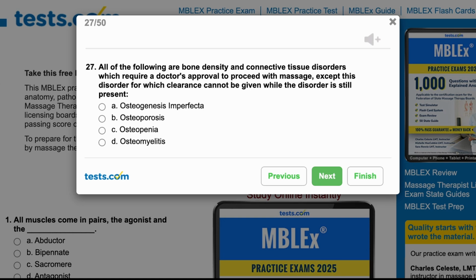Question 27. All of the following are bone density and connective tissue disorders which require a doctor's approval to proceed with massage, except this disorder, for which clearance cannot be given while the disorder is still present. A, osteogenesis imperfecta, B, osteoporosis, C, osteopenia, D, osteomyelitis.